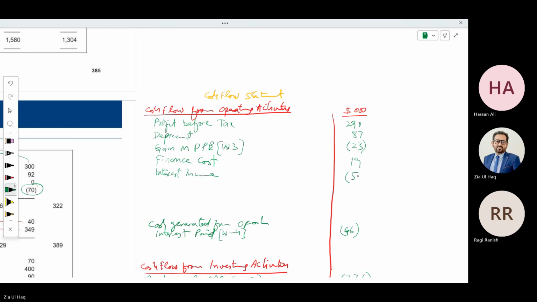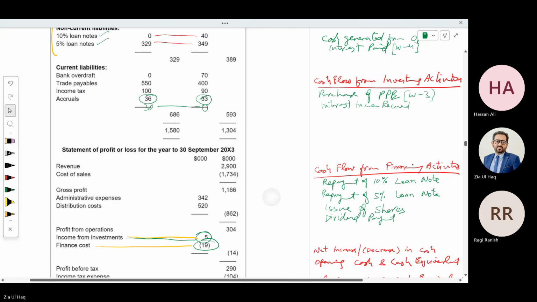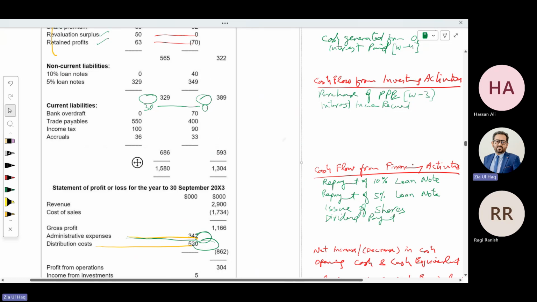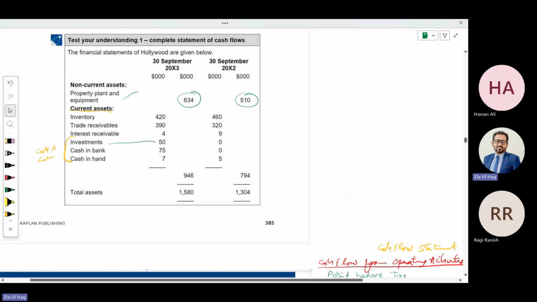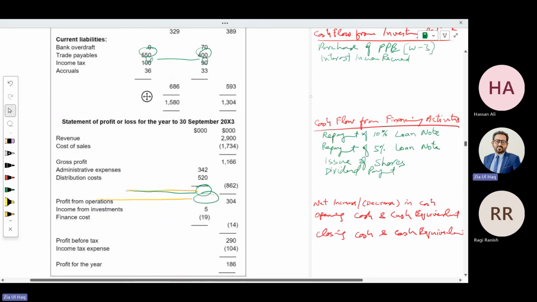How much? Can you understand this? And there was interest receivable, and there was income also recorded in P&L.